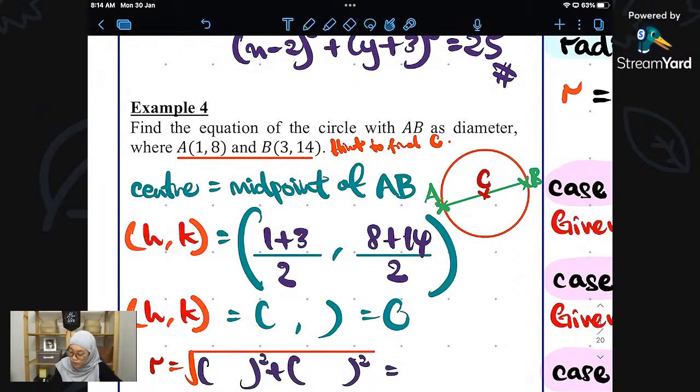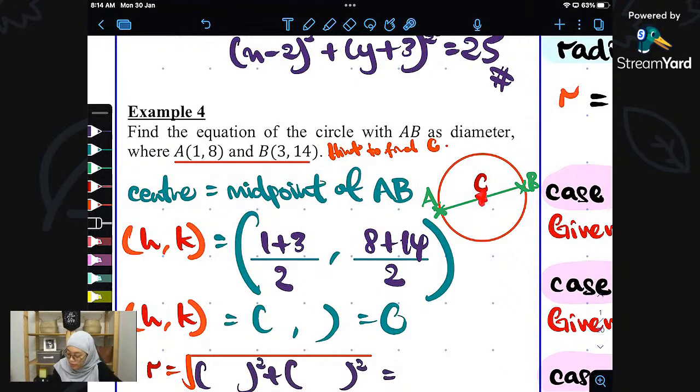Why divide by 2? Because we want to find the middle point. Alright, that's why. And so we solve this, we will get 4 over 2, which is 2. And here 22 over 2 is 11. And so the center is (2, 11). And so when we got the center, we are happy. We got the center, which is (2, 11).